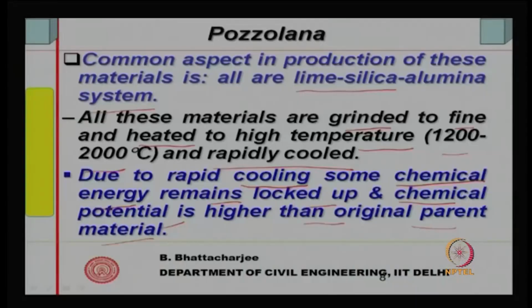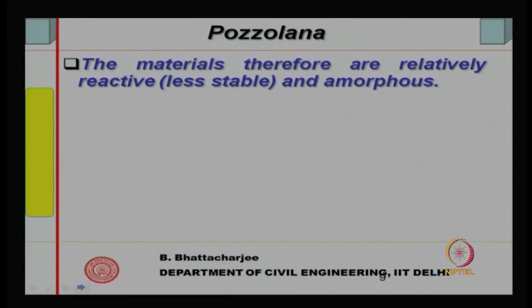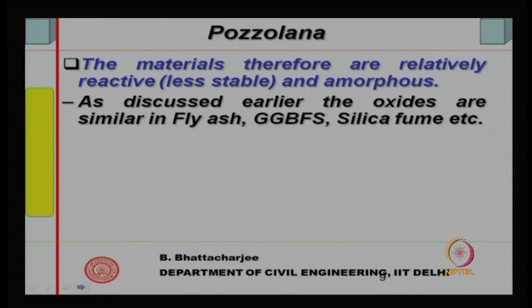Sometimes the clay impurity may contain a little bit of lime also in case of fly ash. That is why they all belong to the lime-silica-alumina system. Therefore, as I said, they are relatively unstable because they are heated and then cooled rapidly.